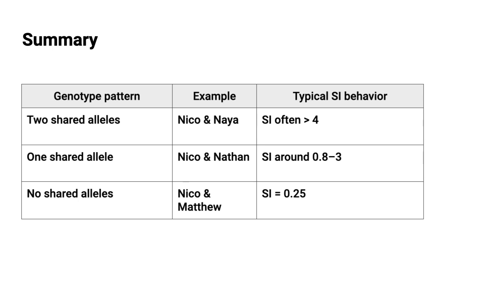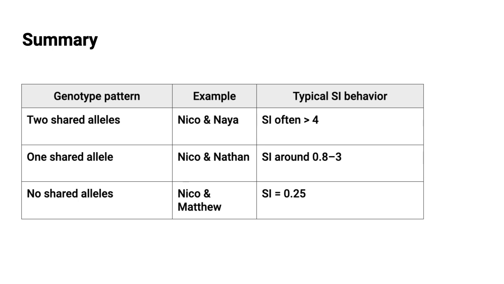So, by way of a summary, if the genotype pattern is 2 shared alleles, the siblingship index often is more than 4, which shows that they have a 4 times more likelihood that they're siblings as compared with another person from the general population. So for a genotype pattern of 1 shared allele, like in the case of Nico and Nathan, the siblingship index is around 0.8 to 3.